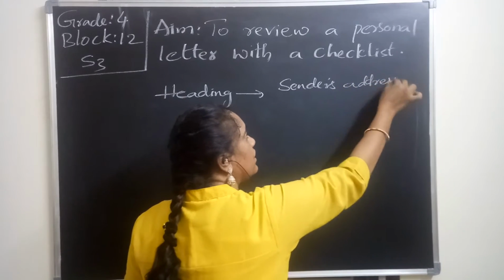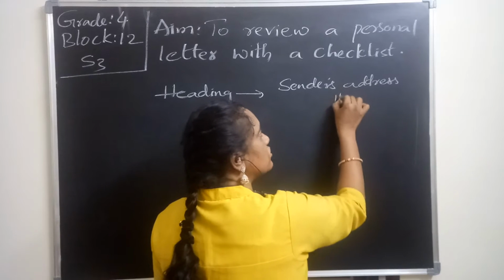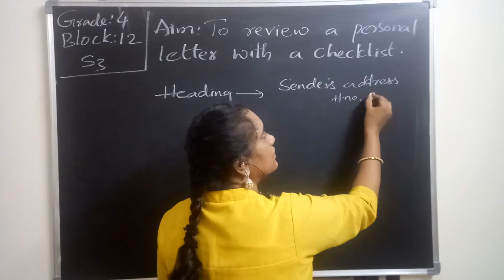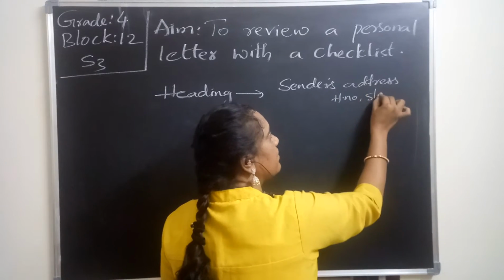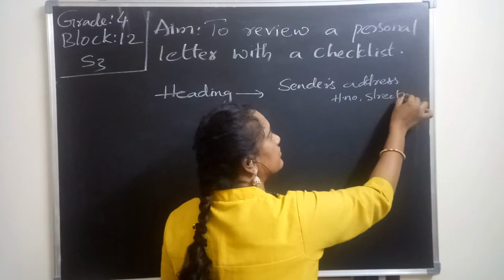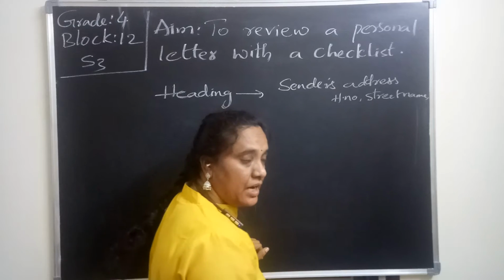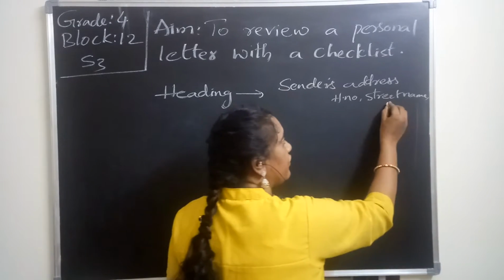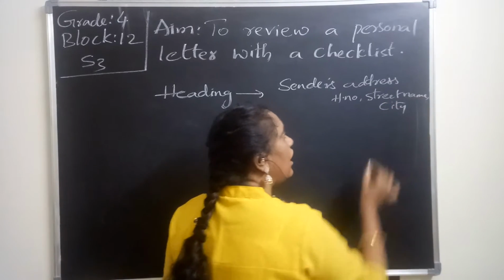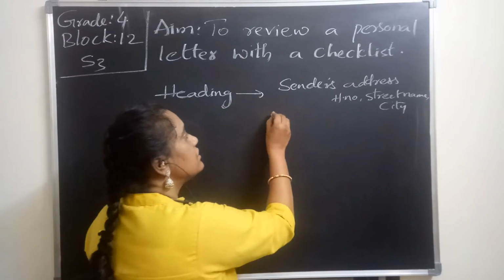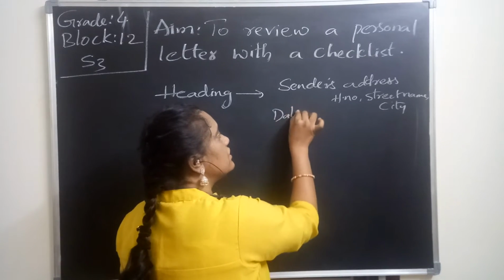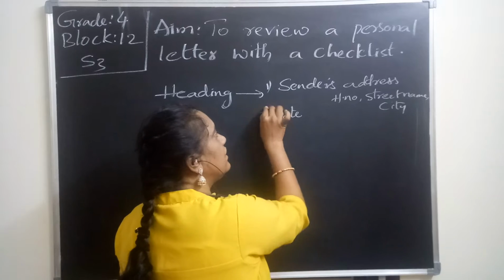In the address, normally we get the house number, the street name, and also maybe the state or village or city where they are living. Along with this, we write a date. So after the sender's address, we write the date.